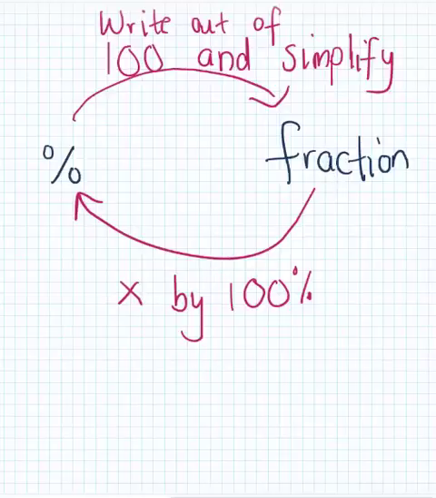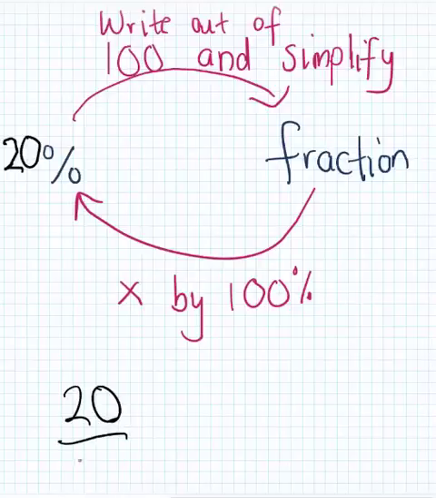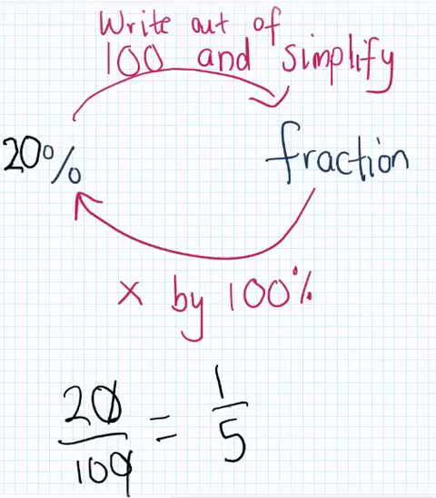So for example, if I had 20%, to turn it into a fraction, we write it out of 100, so we'd have 20 out of 100 and simplify. And we know that if we simplify this, like just before, chop our zeros off, we end up with 1 over 5.